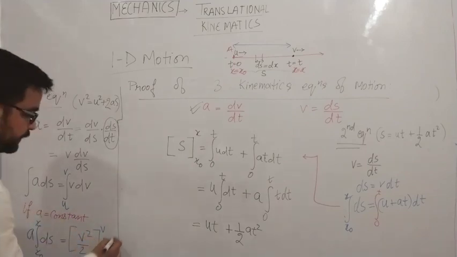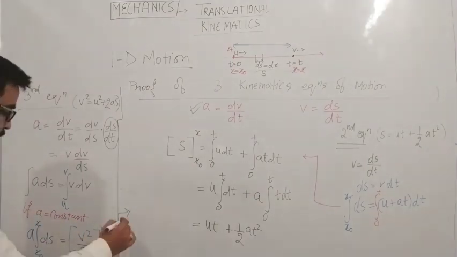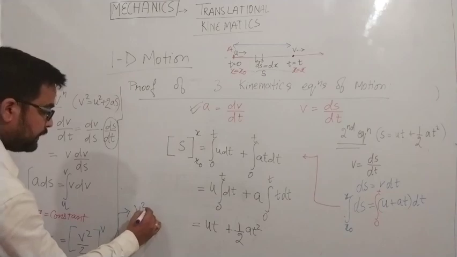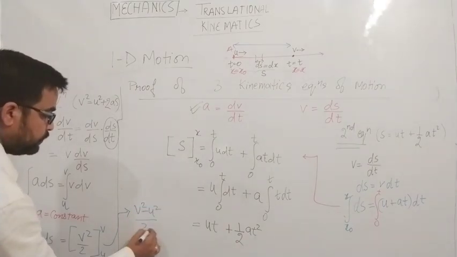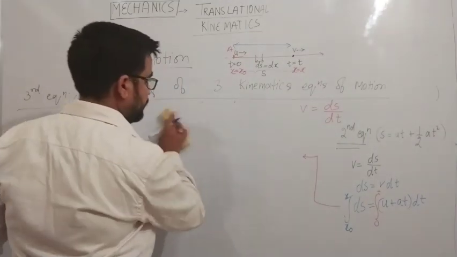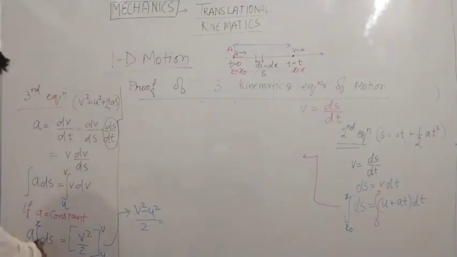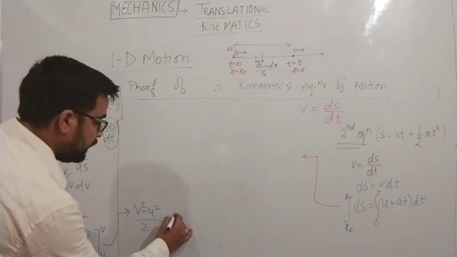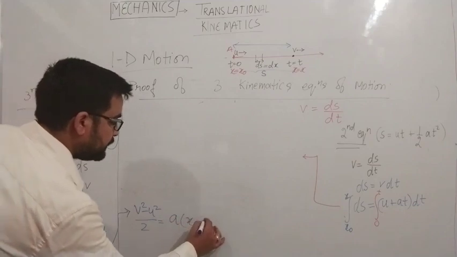So finally your answer will be v square minus u square upon 2 is equal to a into x minus x naught.